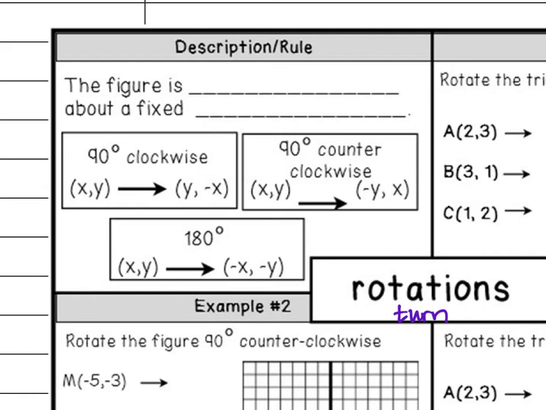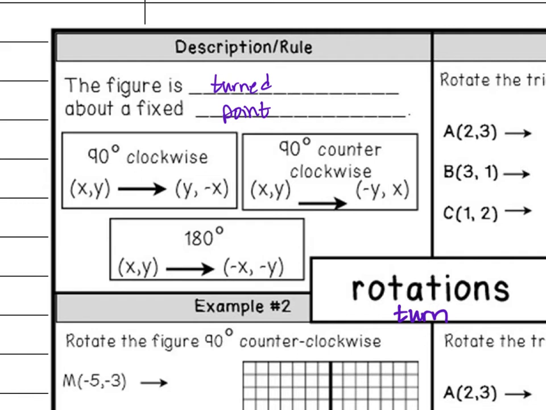So if I was going to memorize any of the rules, it would be these three rules. A rotation is when the figure is turned about a fixed point. Okay. And we're only going to worry about it being turned around the origin.